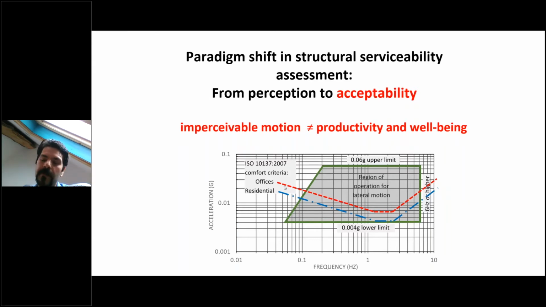For example, in a train, we accept that there will be some level of vibration, and people work there and are happy and comfortable, although the level of vibration is quite high compared to a building. So it is really context dependent and situation dependent. The acceptability and perception are not synonymous. That's the point.